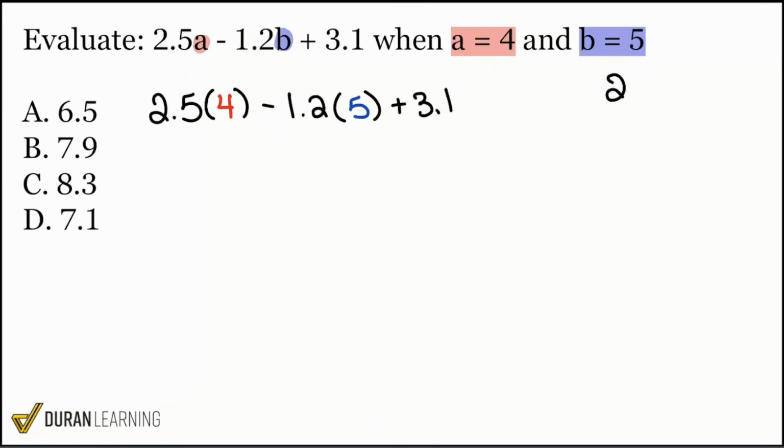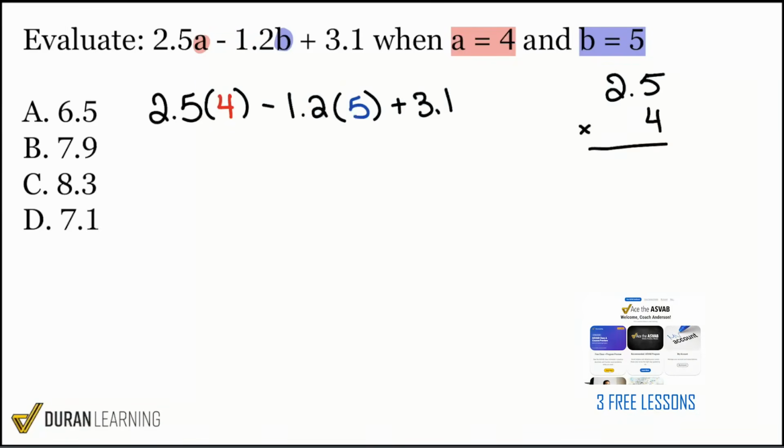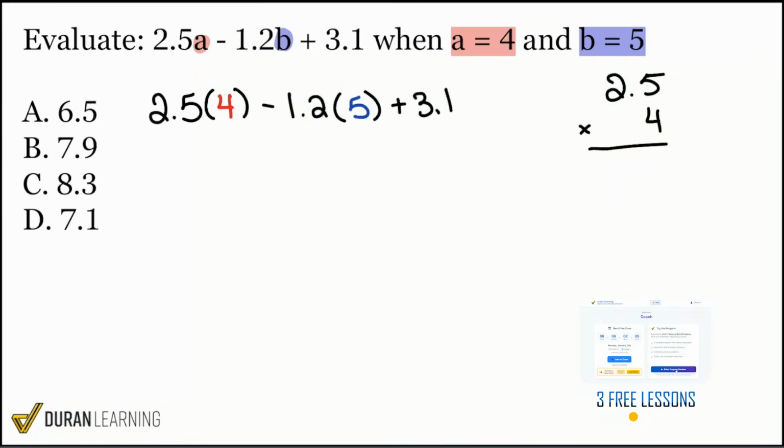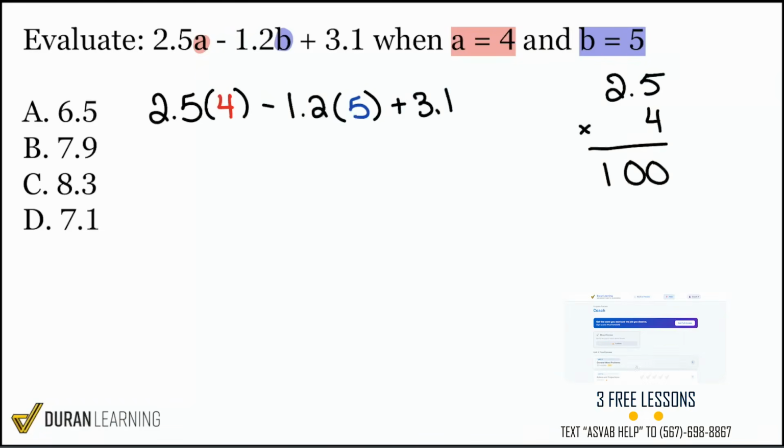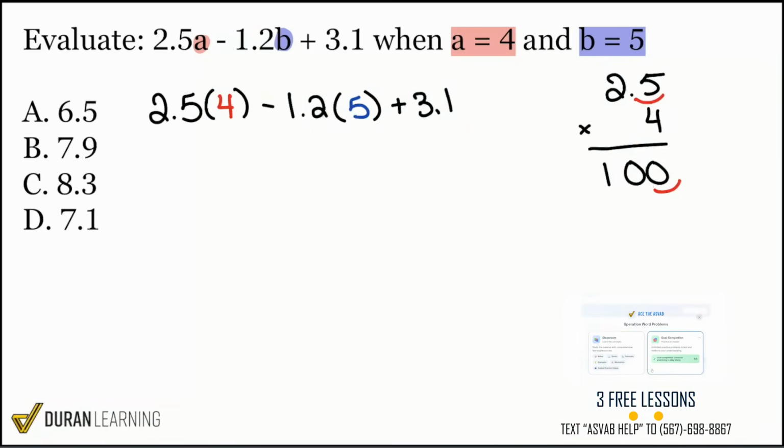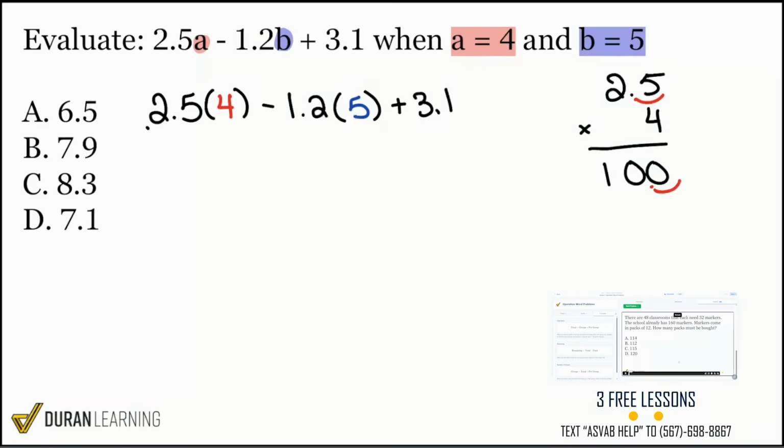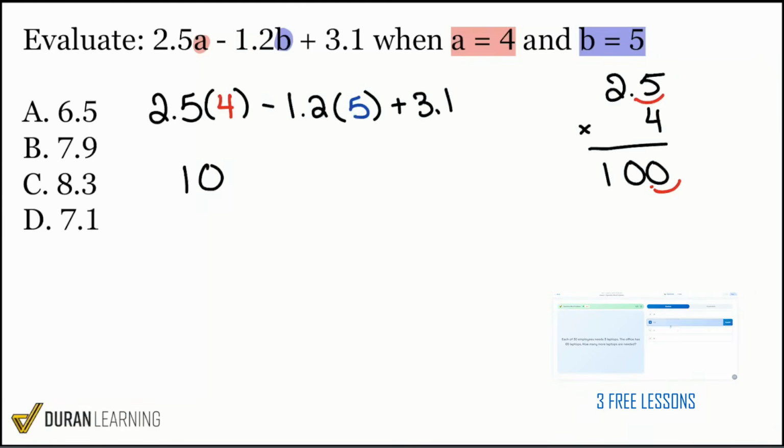And when you think about 2.5 multiplied by 4, everyone, you can honestly just think about it as 25 times 4. 25 times 4 is 100. And then just bring the decimal back right there. That'll be 10. So boom, 2.5 times 4. Or again, you can think about this as $2.50 times 4. That'll give you $10.